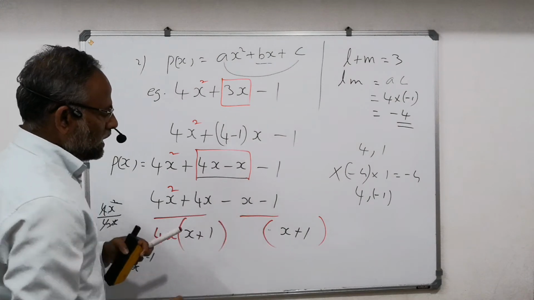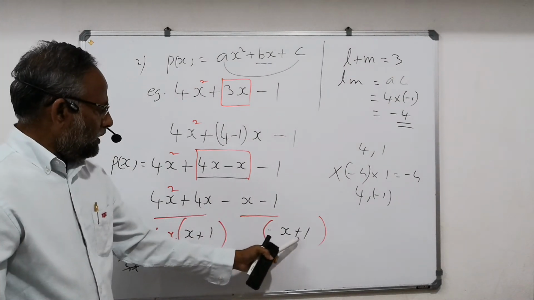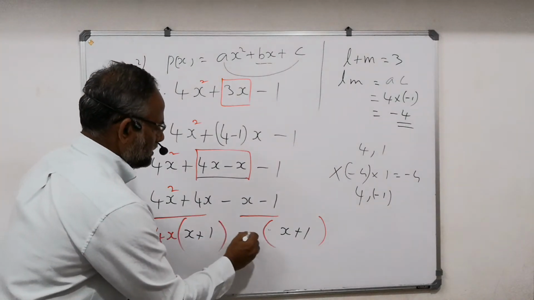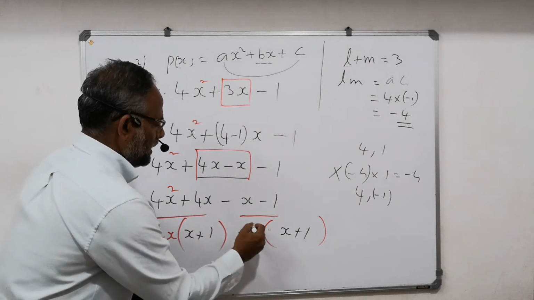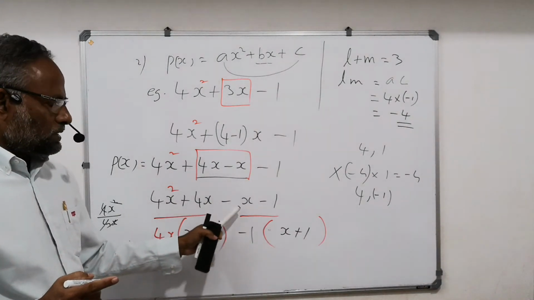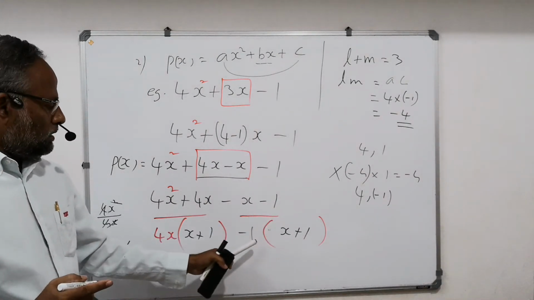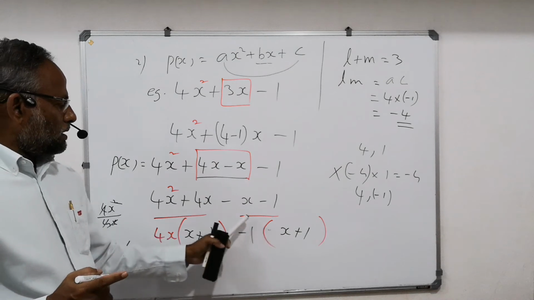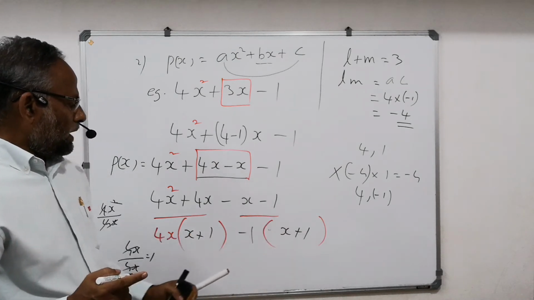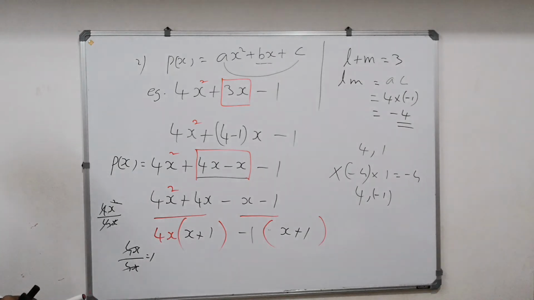So look outside, we need x plus 1. Here it is minus. Put minus. Minus what? Minus 1. Minus 1 into x, minus x, minus into plus, minus 1. Exactly right. Now our work is over.